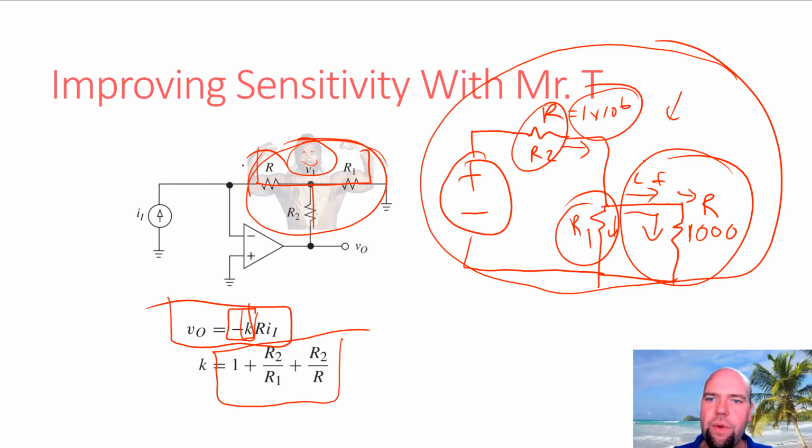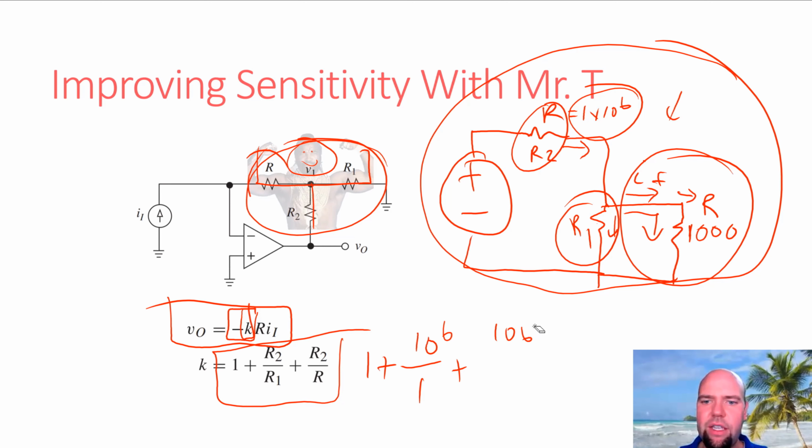So with this example plugged into this equation, we'd have 1 plus R2 over R1, which is 10 to the 6th divided by 1, which is easy, plus R2 over R, which is 10 to the 6th divided by 1,000. So let's see what that is.